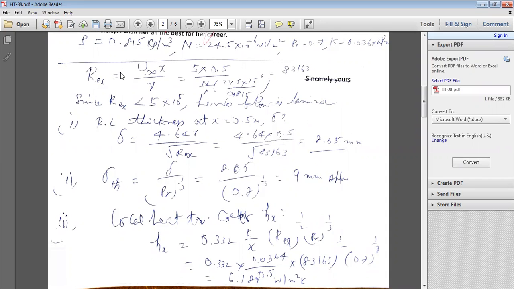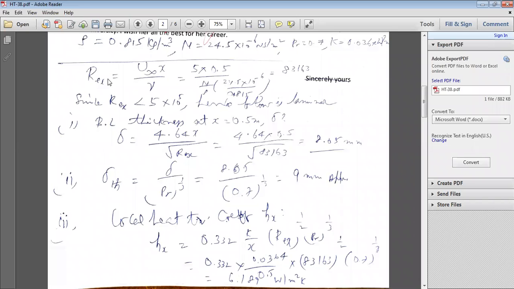So Reynolds number: first you have to verify whether the flow is laminar or not. If the flow is laminar, then only you are supposed to use the available equations. Reynolds number Rex. How do you calculate Reynolds number? If you know the dynamic viscosity, rho into velocity into x by mu. If you know the kinematic viscosity, velocity into x by kinematic viscosity.